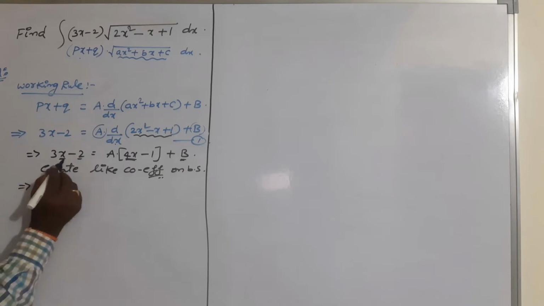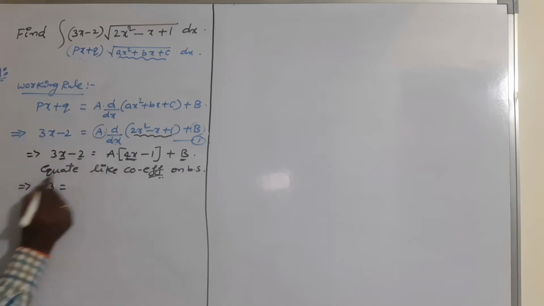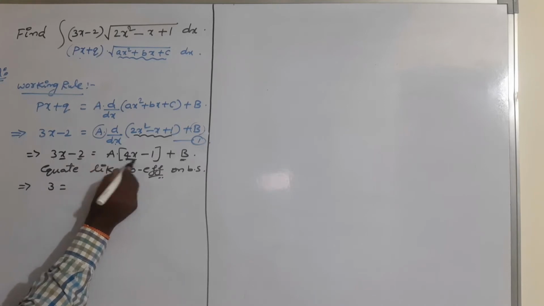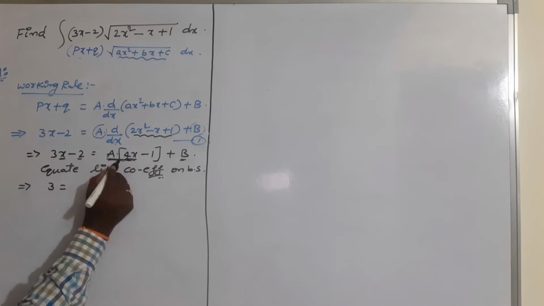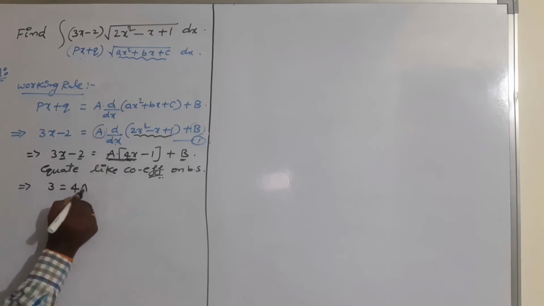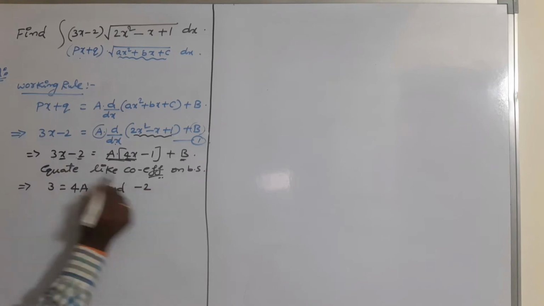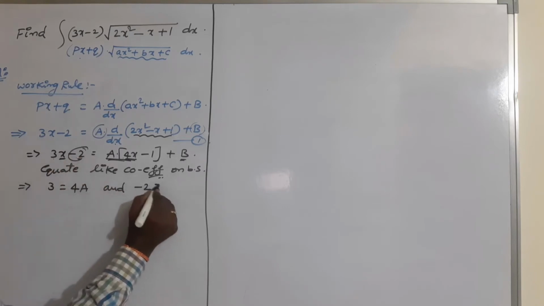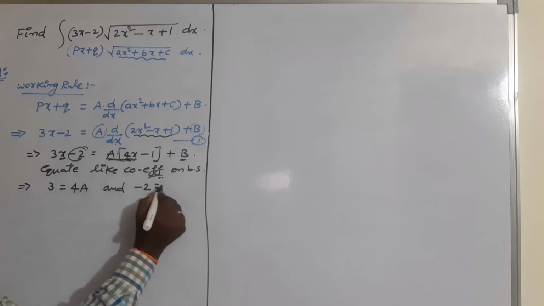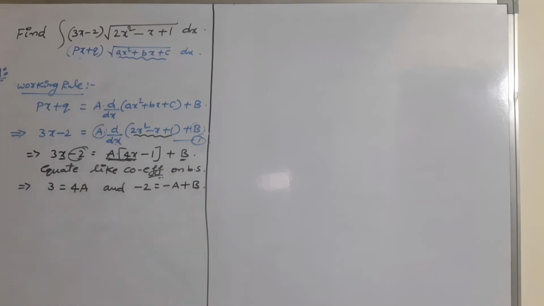So by equating the x coefficients on both sides, here we have 3 on the left hand side and the coefficient of x is 4A, if you take capital A inside. And by equating the constants, on the left hand side you have minus 2. On the right hand side, A into minus 1, minus A is a constant, plus B is also a constant.